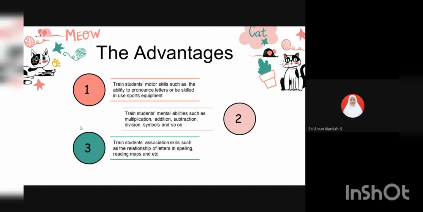The second is to train students' mental abilities, such as multiplication, addition, subtraction, division, symbols, and so on. And the last is to train students' association skills, such as the relationship of letters in spelling, reading, maps, and so on.